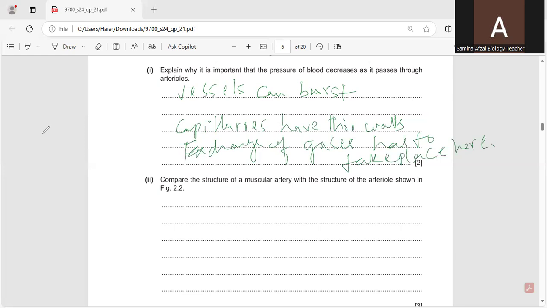Both of these blood vessels have endothelium, the internal lining. Secondly, they have smooth muscles.